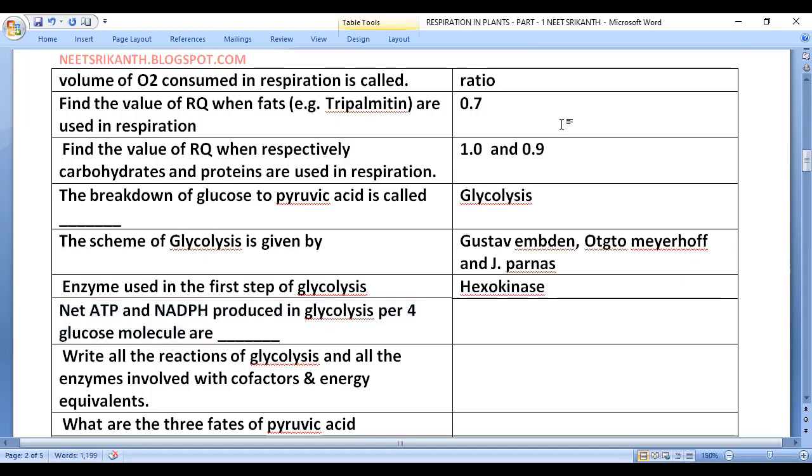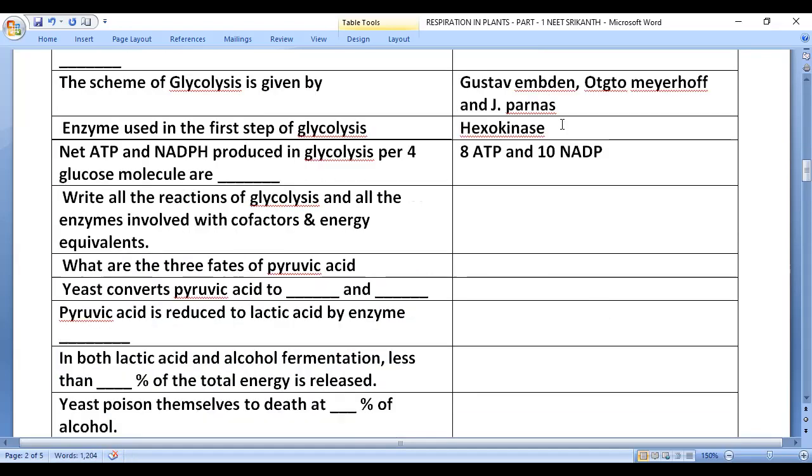Net ATP and NADH produced in glycolysis for 4 glucose molecules are 8 ATP and 8 NADH. Write all the reactions of glycolysis and all the enzymes involved, with the cofactors and energy equivalents.